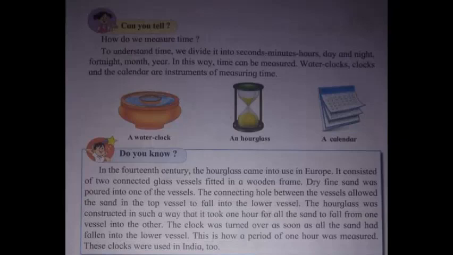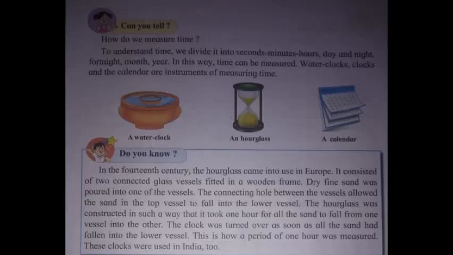Dry, fine sand was poured into one of the vessels. The connecting hole between the vessels allowed the sand in the top vessel to fall into the lower vessel. The hourglass was constructed in such a way that it took 1 hour for all the sand to fall from one vessel into the other.